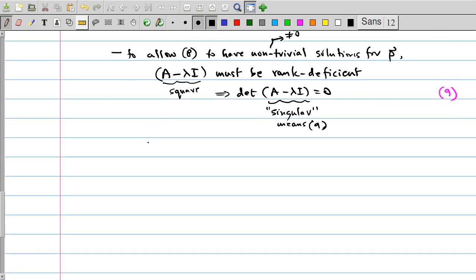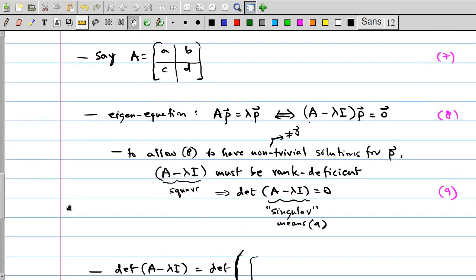All right. So now what we're going to do is determine the determinant of A minus lambda I. A was just a, b, c, d over there.